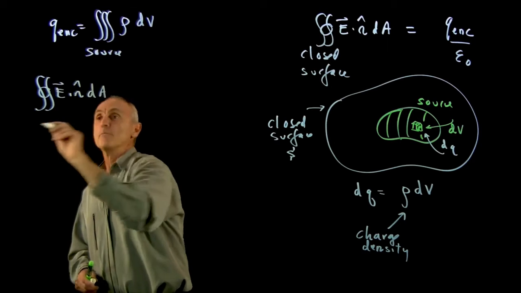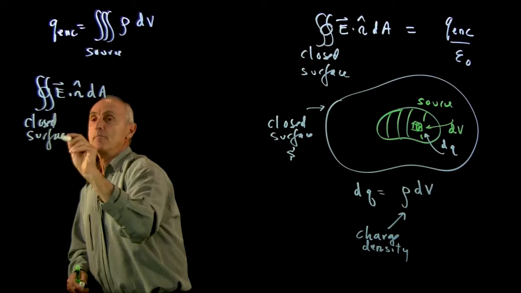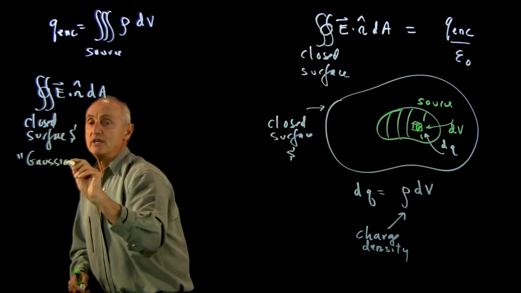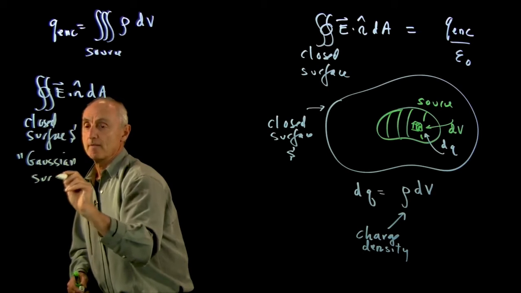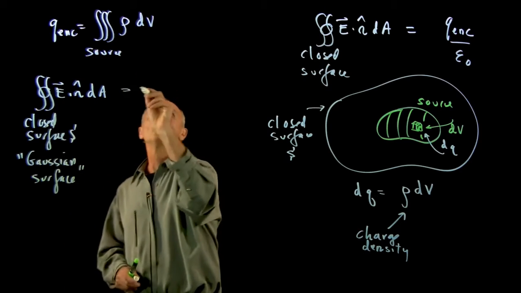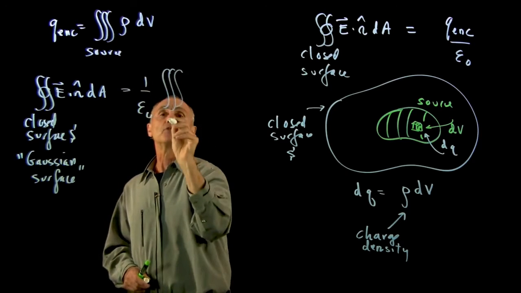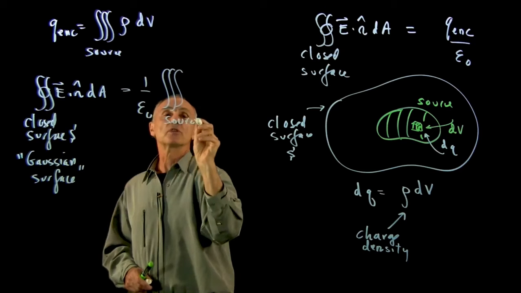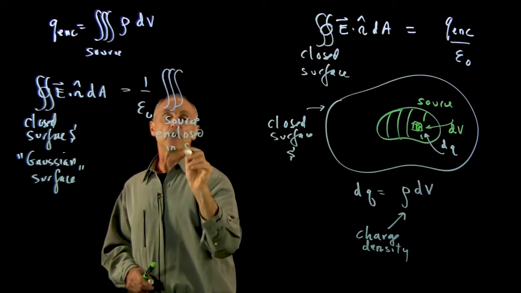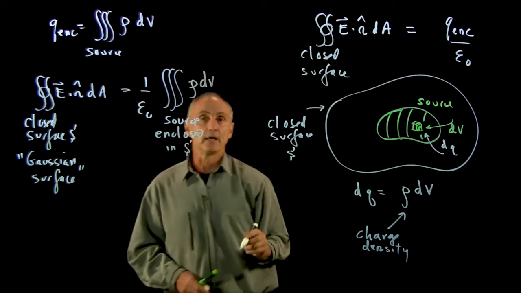It's a surface integral over a closed surface, S. By the way, this closed surface we call the Gaussian surface. And that's equal to 1 over epsilon naught times another volume integral over the source that's enclosed in the Gaussian surface, and that's rho dV.